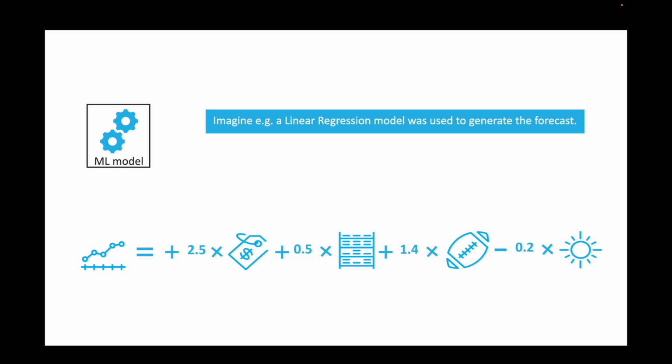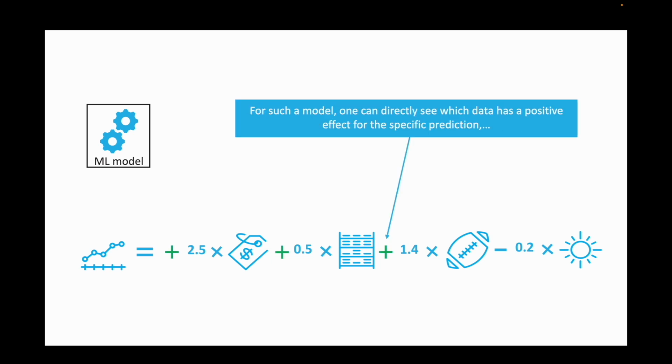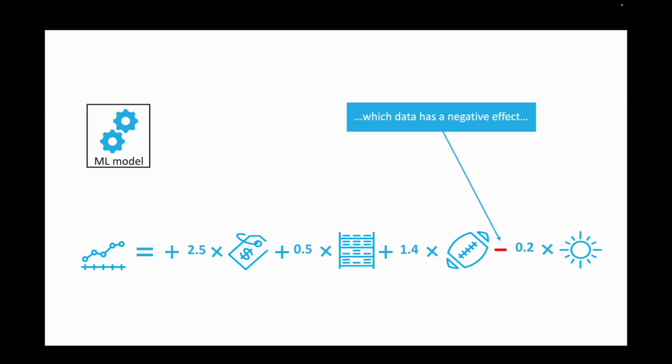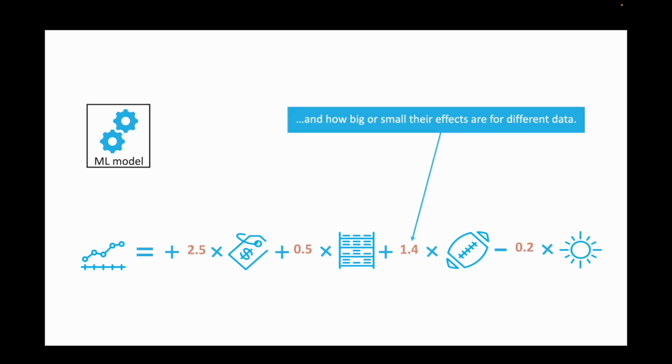Imagine, for example, a linear regression model was used to generate the forecast. For such a model, one can directly see which data has a positive effect for the specific prediction, which data has a negative effect, and how big or small the effects are for different data.